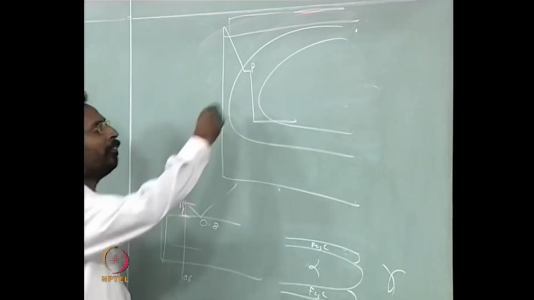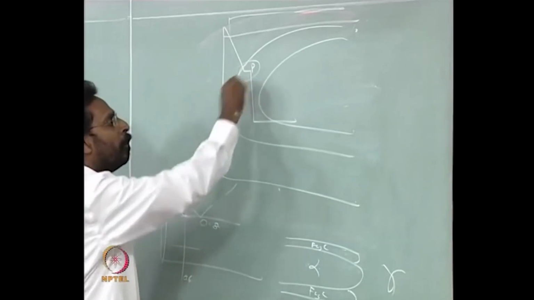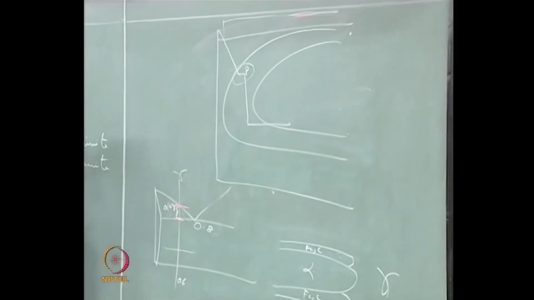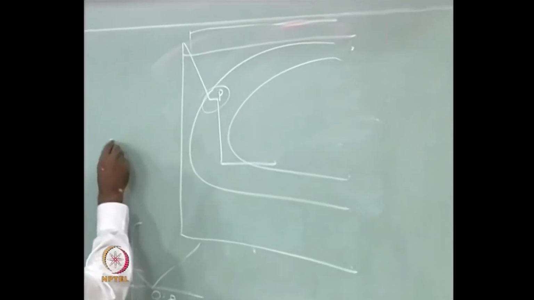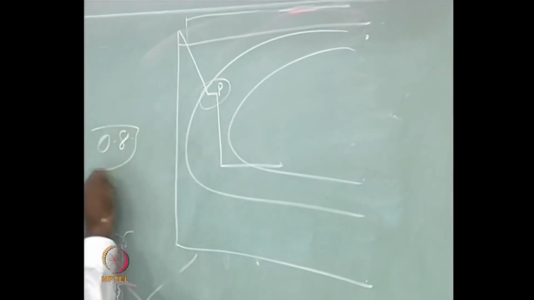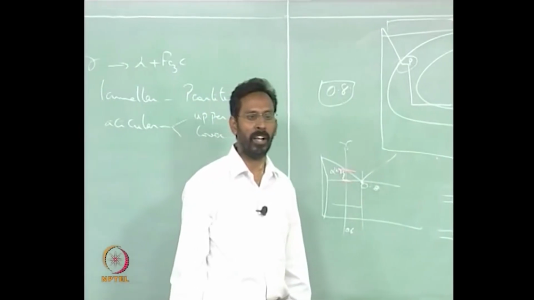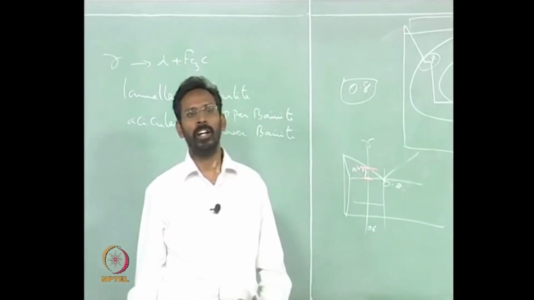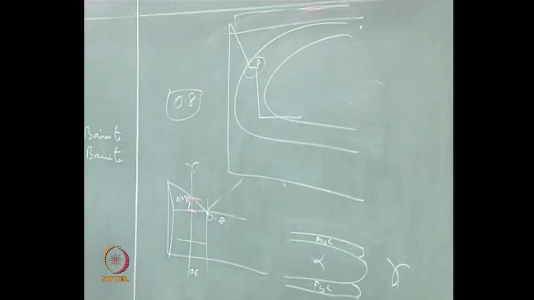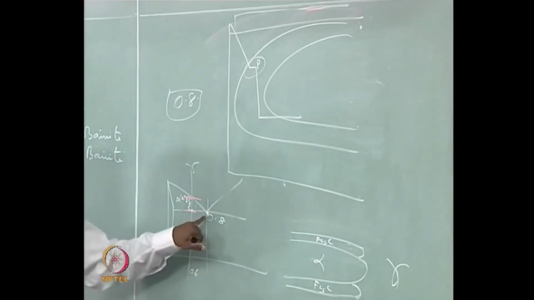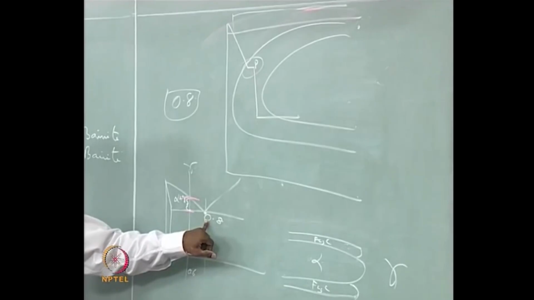Otherwise, another way to look at it: perlite, though it has cementite and ferrite, the overall composition of perlite is always 0.8, isn't it? If somebody asks what is the composition of perlite, though it is a stupid question because it is not one single phase, then basically it is 0.8 only.